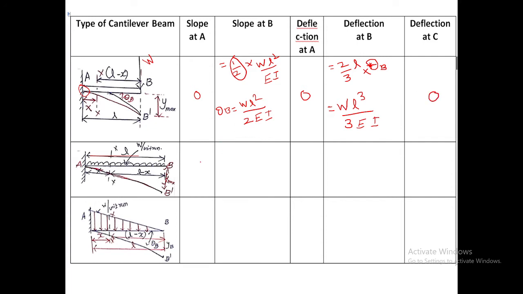Next, uniformly distributed load on the cantilever beam. Slope at A is 0.